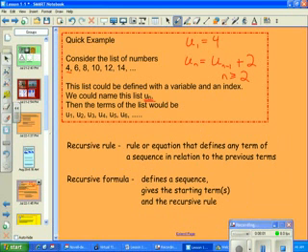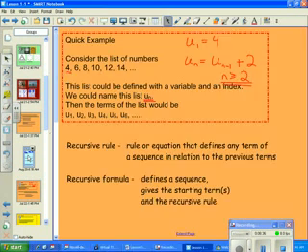Well, given just this information, ignore the rest of this, if I'm just given this recursive formula, can I use that bottom statement to figure out what the term with an index of 1, the first term, is? The answer is no. You can use this recursive rule once you are given u sub 1 to figure out what u sub 2, 3, 4, and 5 is. That's what that n is greater than or equal to 2 represents.